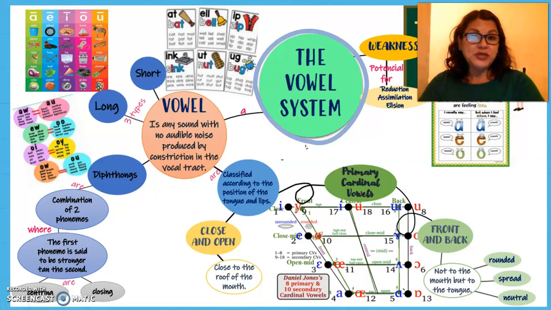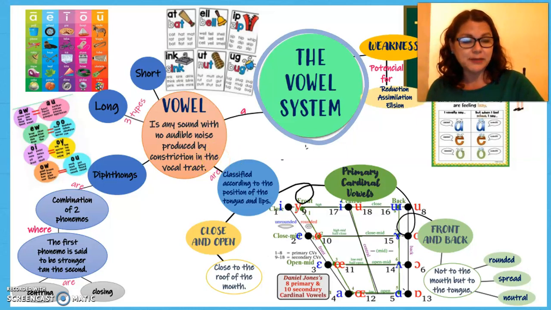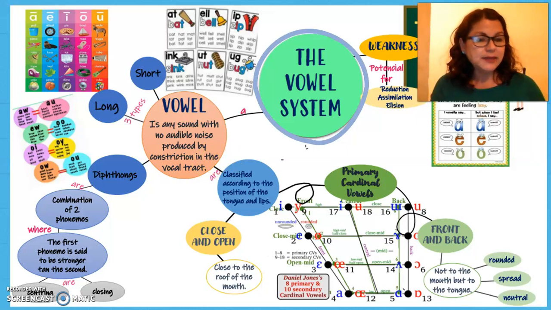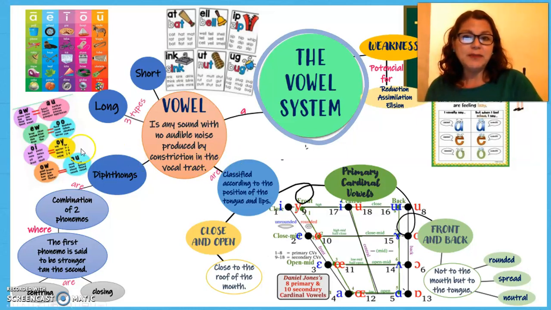We saw the vowel system, and this is my map about the vowel system. Okay, in the vowel system, we saw that a vowel is any sound with no audible noise produced by constriction in the vocal tract.